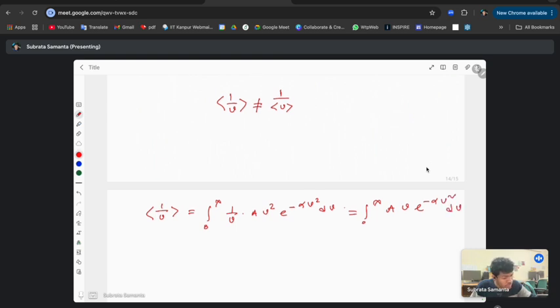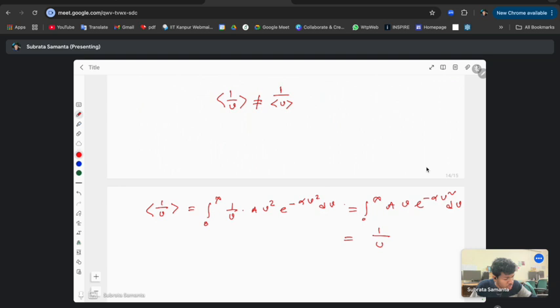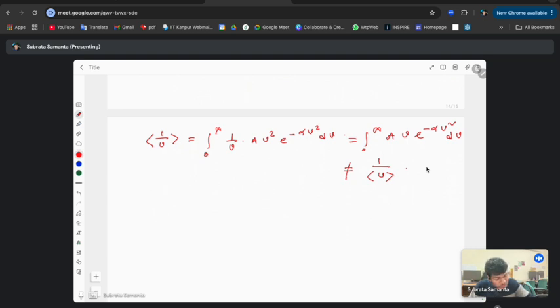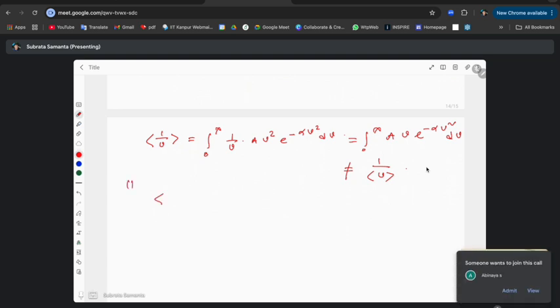So clearly you see that this is not just 1 over v average. If you calculate this, this is a homework.